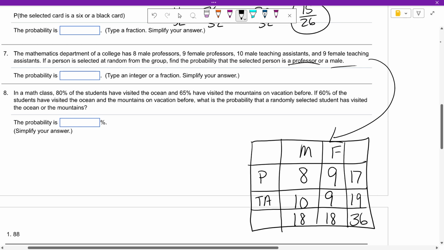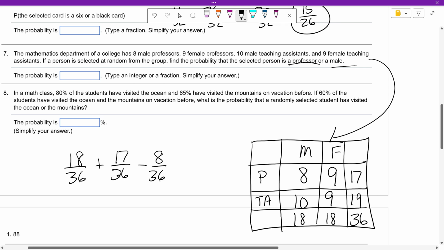Now there's 18 out of the 36 people who are male. 17 out of the 36 people are a professor, but we counted the male professors twice. So then we have to subtract the number of male professors, 8 out of the 36.